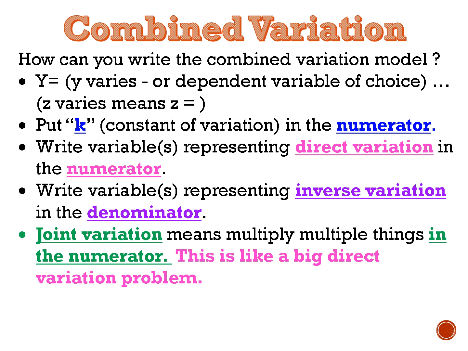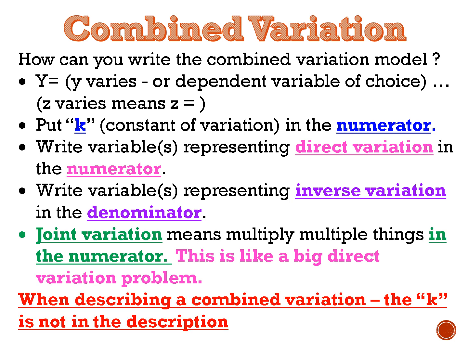Okay? Also, one big thing, and this is huge, and I see people make mistakes over this every year. So really pay attention. That's why it's red, underlined, all that good fancy stuff. When describing a combined variation, or even just a direct variation or inverse variation, the k is never part of the description.